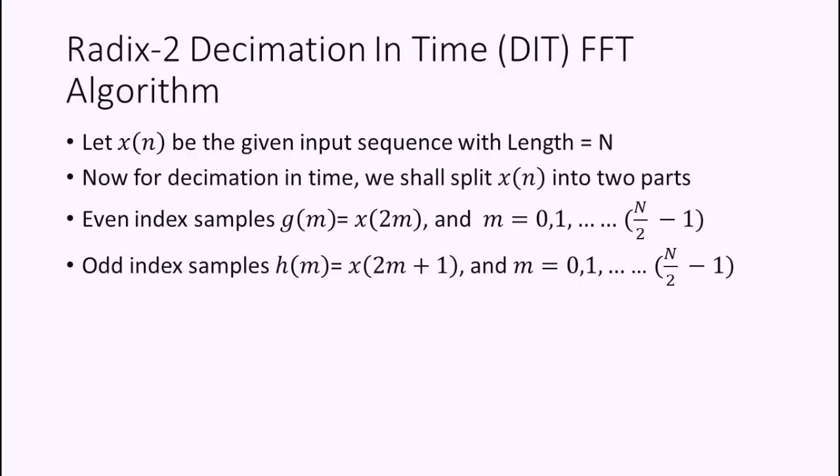And odd index samples h(m) = x(2m+1) and m = 0, 1, ..., N/2 minus 1. So that we can write x(n) as g(m) plus h(m), and this equation is termed as equation number 3.